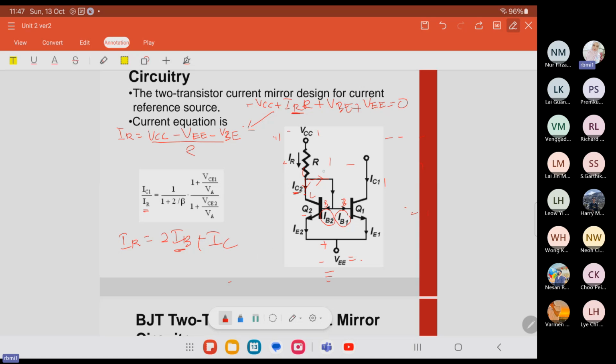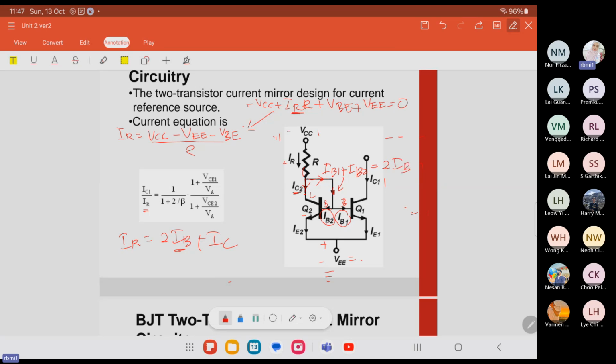So meaning that at this point, it is actually IB1 plus IB2. Because here it splits, one goes left, one goes right. So for this one, here also the same. This is the same value. IB1 plus IB2 equals 2IB. Why?